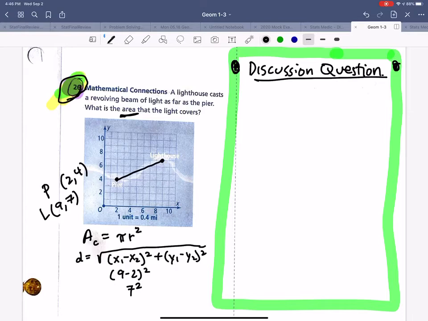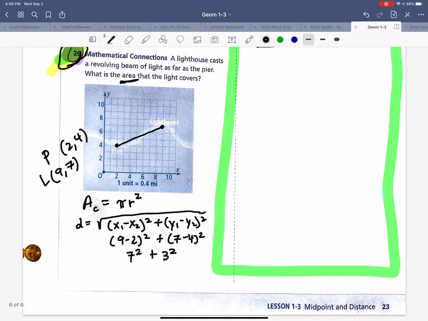Then I'm going to subtract the two y values, 7 and 4. 7 minus 4 is 3. Almost done. So we have to square root our final answer. This square root sign kind of hangs along for the ride. So I get 58, so the square root of 58.